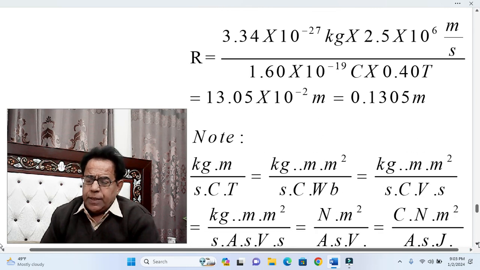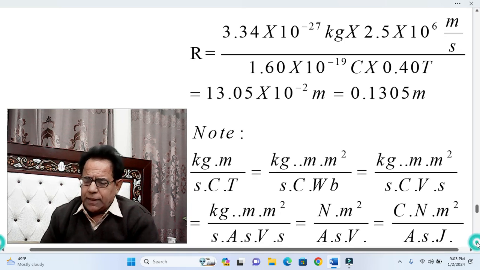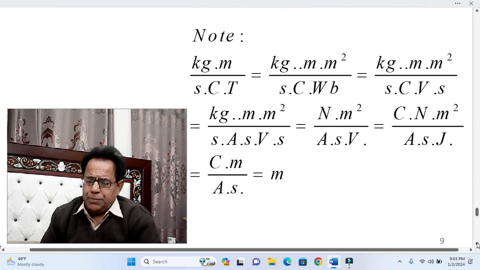Our answer becomes equal to 0.1305 meter. The nutshell of this story is that 1 kilogram is equal to 1 second into 1 coulomb into 1 Tesla. Now we move forward.